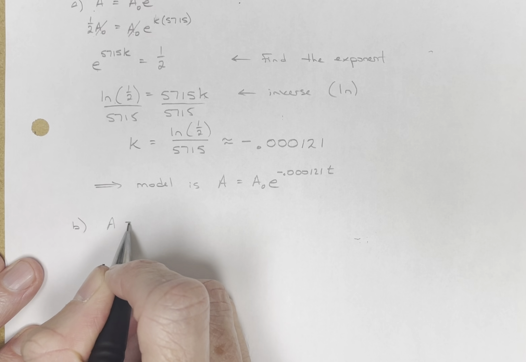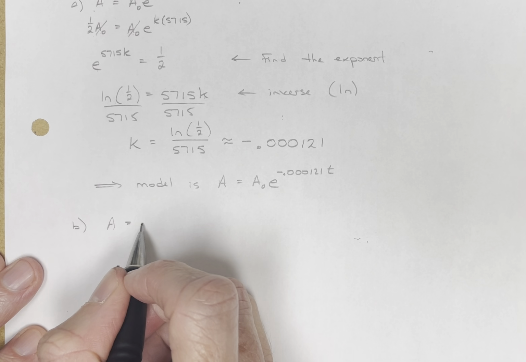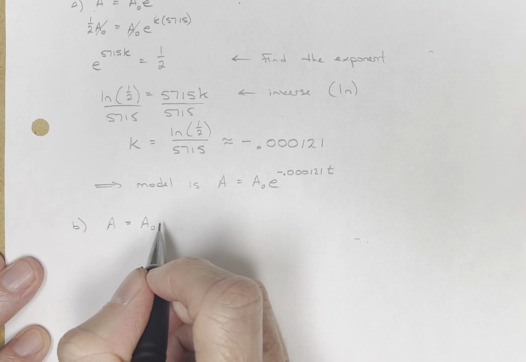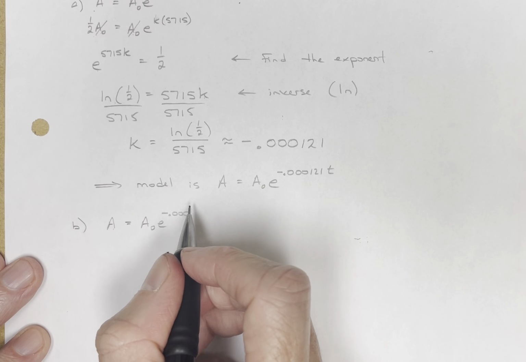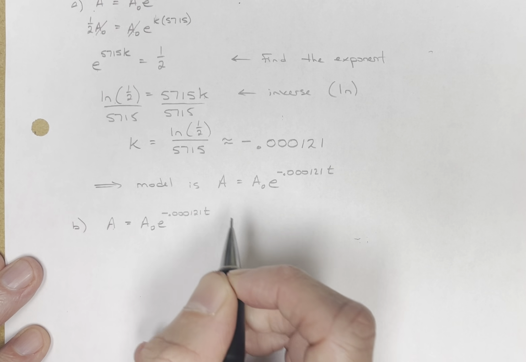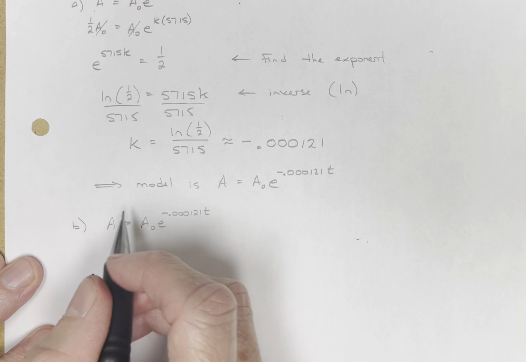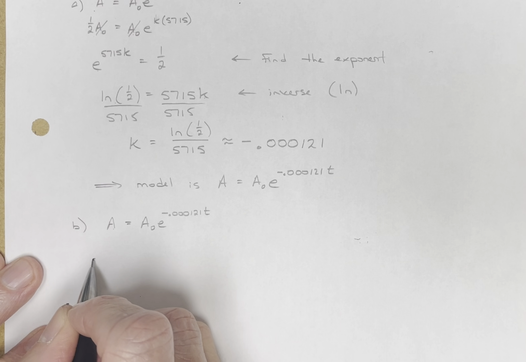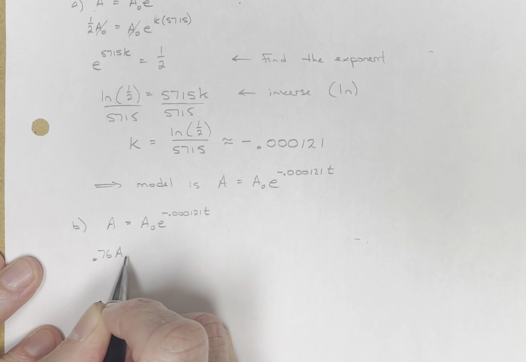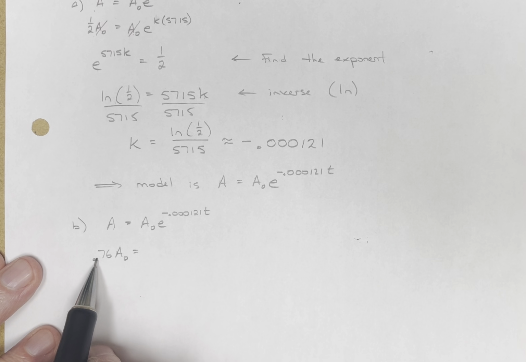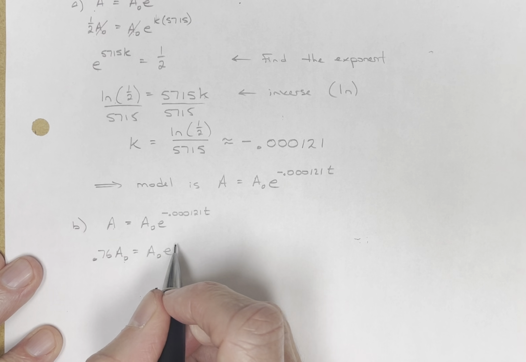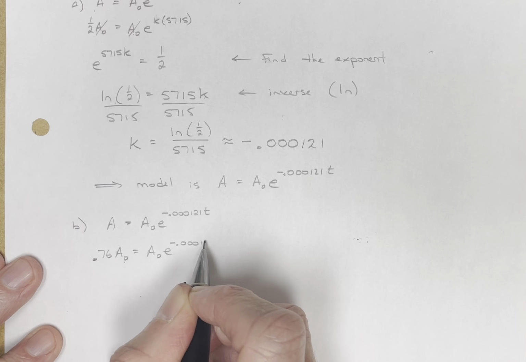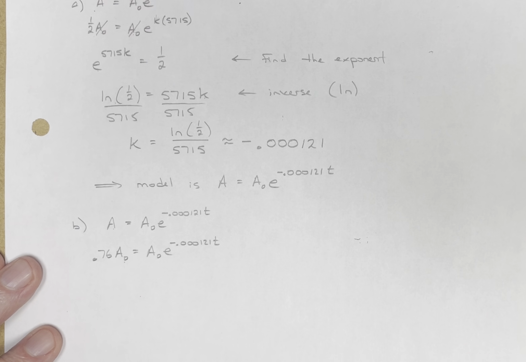Our model is A, the final amount, equals the original amount times e raised to the negative 0.000121 t. What they found had 76% of the original, so 0.76 times the original equals the original times e to the negative 0.000121 times t. Now we're just going to solve for t.